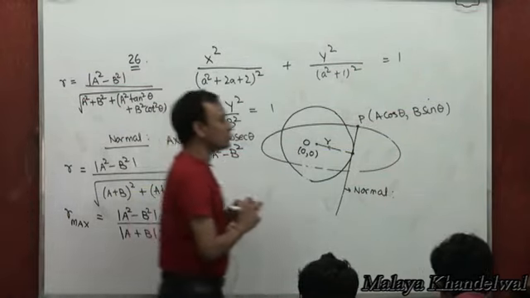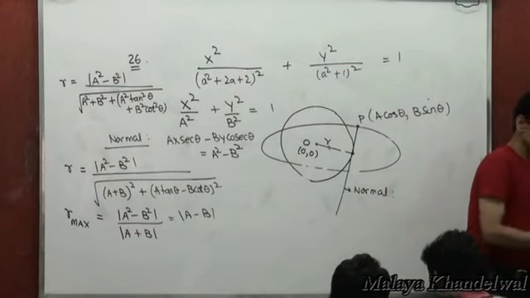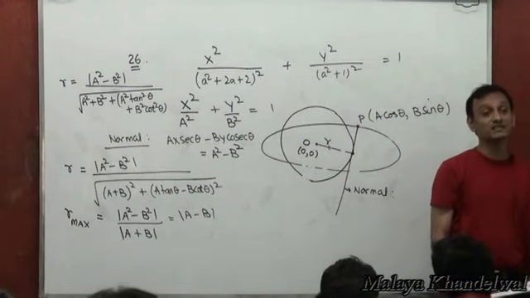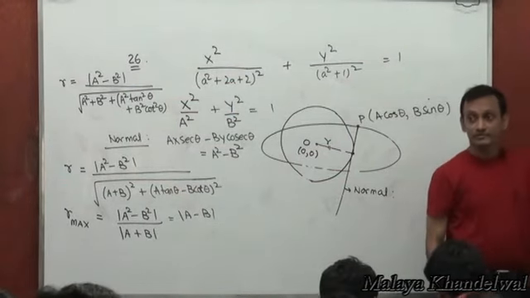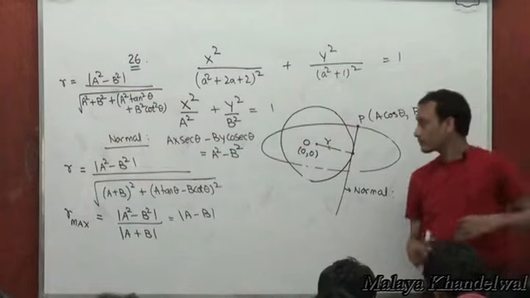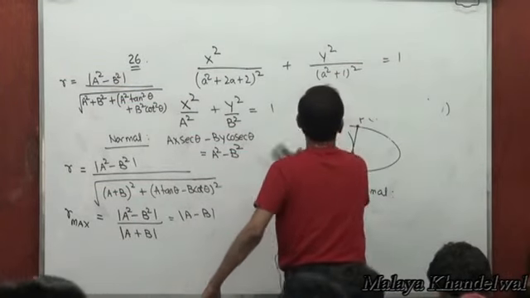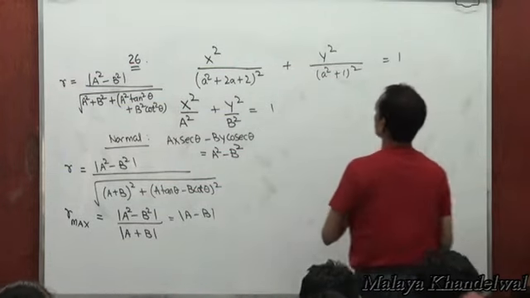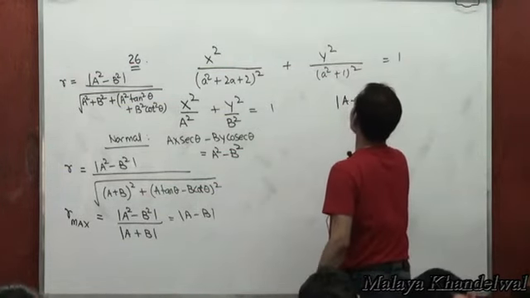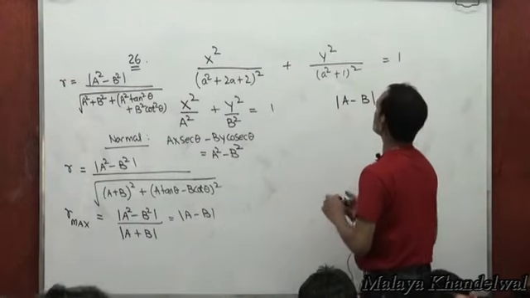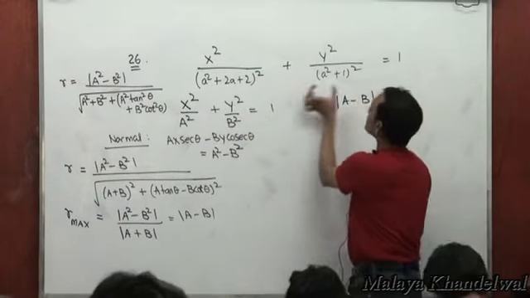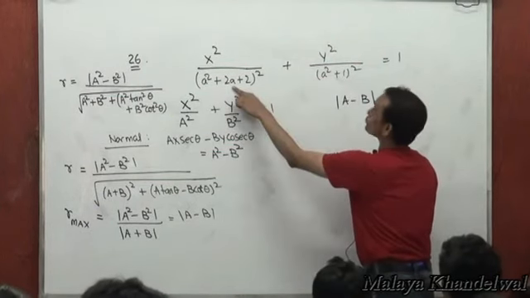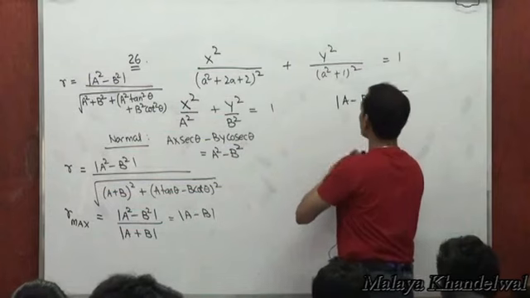And that's given to be equal to 5. Mod a minus b is given to be equal to 5. a minus b means this minus this, but this minus this is 2a plus 1.